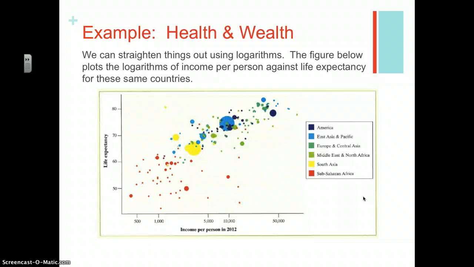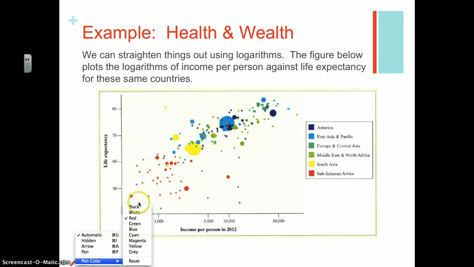So similar to that was this. Instead of plotting your income per person versus your life expectancy, so your income per person being your x and your life expectancy being y, this would be your normal x, this would be y.